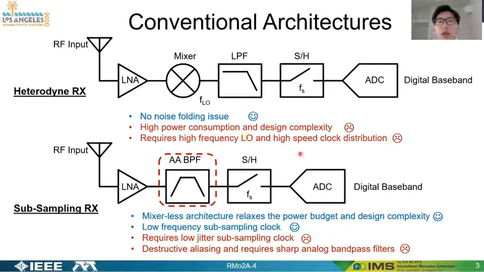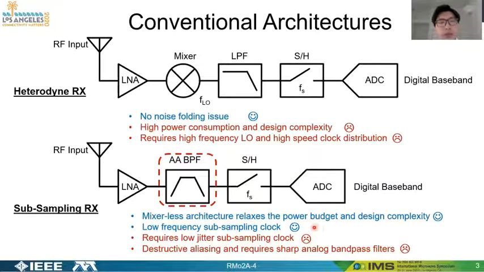Also, the clock tree distribution of the LO becomes another issue due to the stringent requirement of low jitter. To simplify the receiver design complexity and lower the power consumption, the subsampling receiver is used as a mixerless receiver architecture to mitigate these issues.